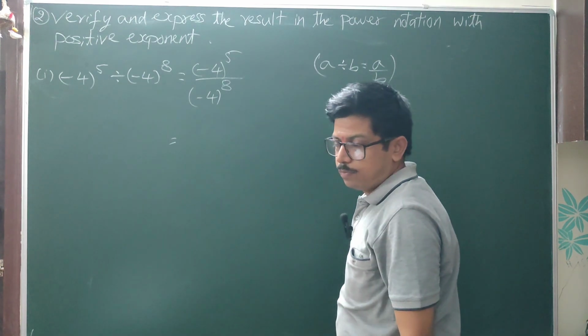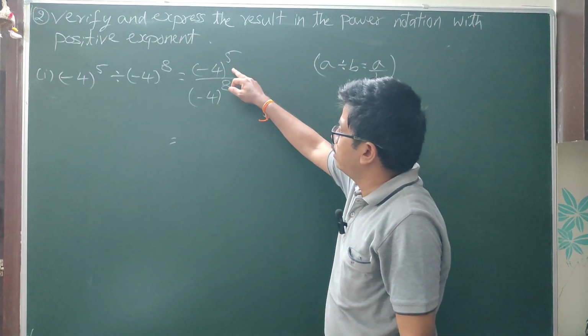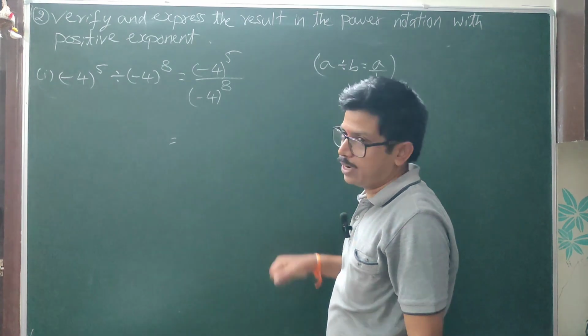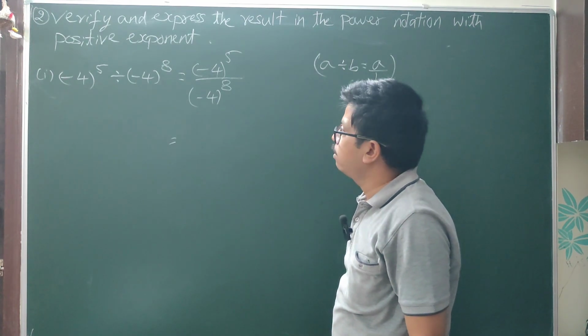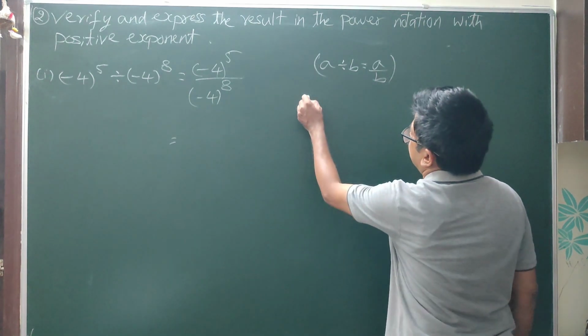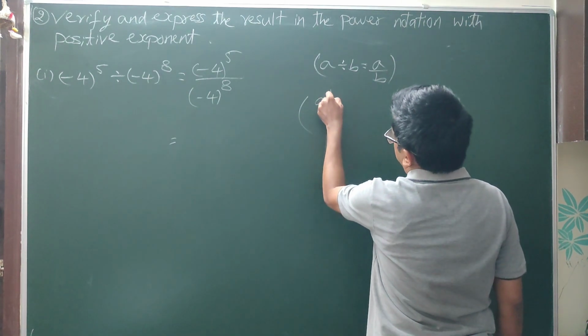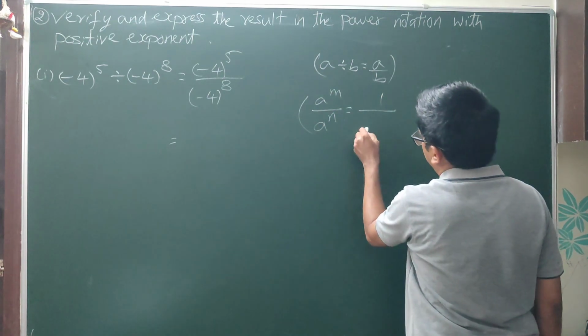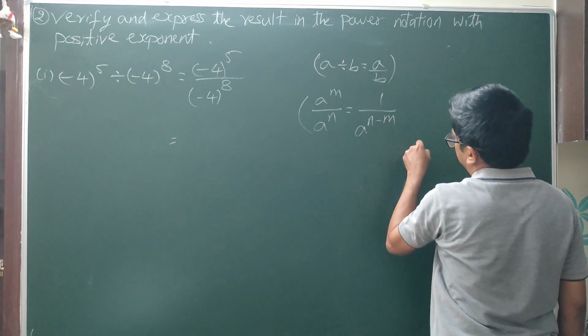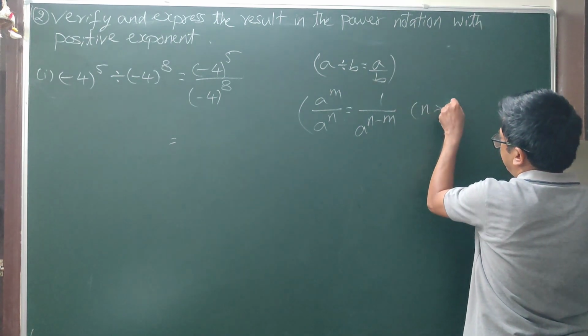Now let us see. Numerator's power is 5, denominator's power is 8. So denominator's power is greater than numerator's power. A power m by A power n equal to 1 by a power n minus m when n is greater than m.